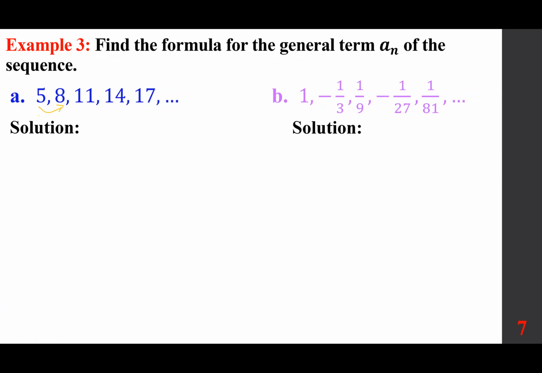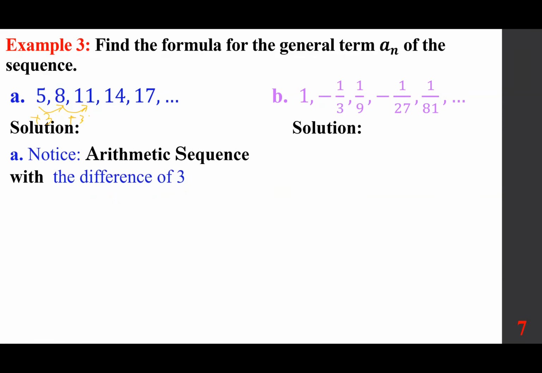Goes by 3. Beautiful. You may notice that we are adding a constant of 3, which means because we are adding a constant, it is an arithmetic sequence with the d or difference of 3. So this is the value of d. And we use the general form a sub n equals a sub 1 plus n minus 1 times d, or d times n minus 1, makes no difference.